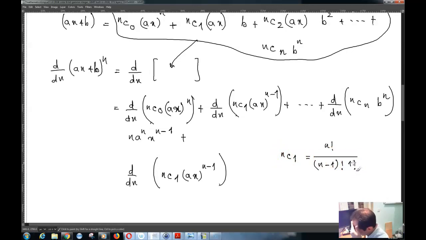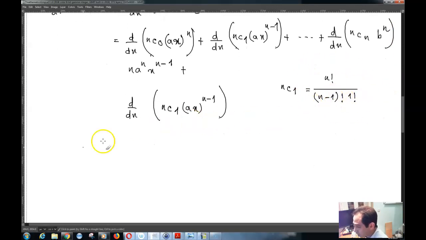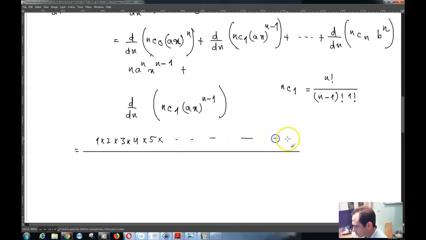Now if you want to simplify this, n factorial is the same thing as 1 times 2 times 3 times 4 times 5 times all the way up to n, whatever n might be. And 1 factorial is just 1, so you don't have to think about that.